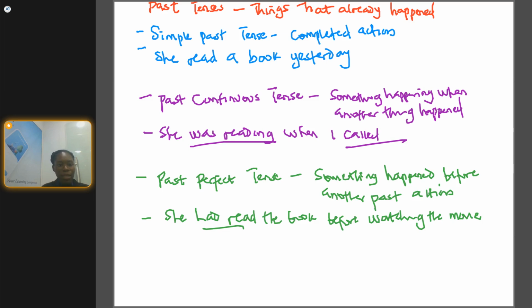Past perfect continuous tense. When we talk about past perfect continuous tense, it means that something was happening for a while before another thing happened.